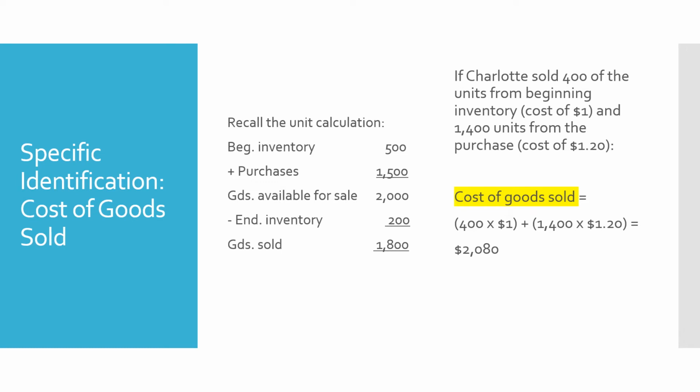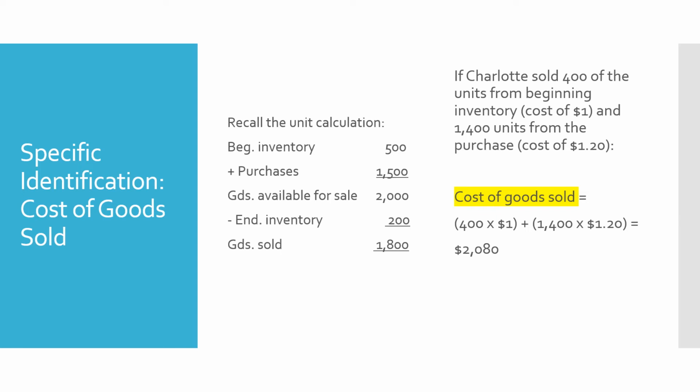So if we're trying to determine cost of goods sold, we're going to say 400 times $1, and then we sold 1,400 of the 1,500 that we purchased, and we paid $1.20 for each of those units. So our cost of goods sold assumption is going to be 400 times $1 plus 1,400 times $1.20, and that works out to 2,080.